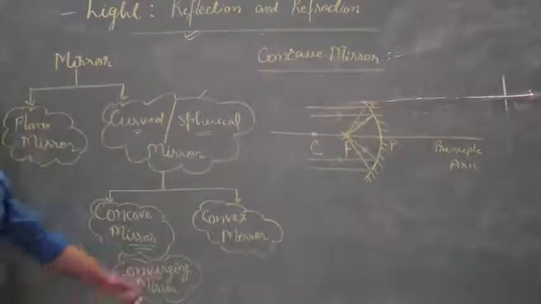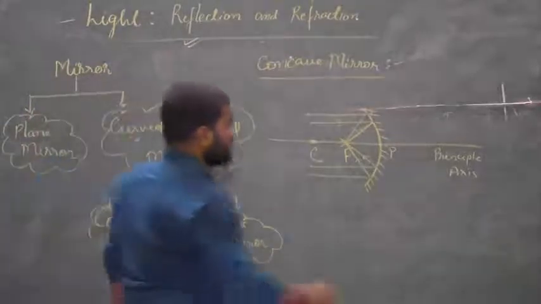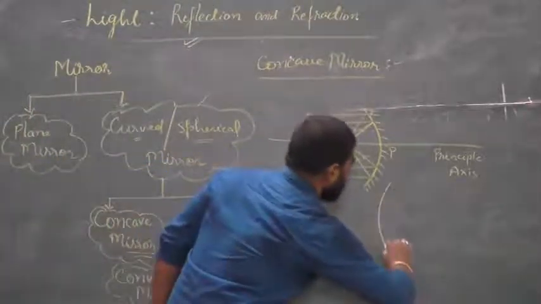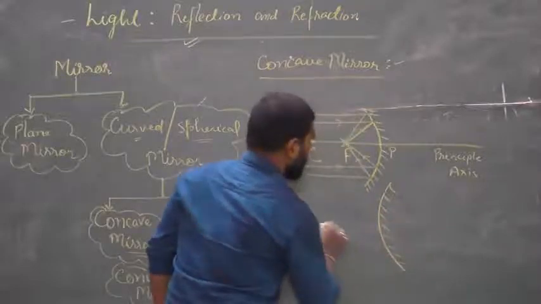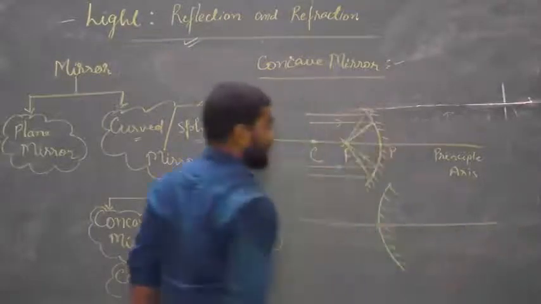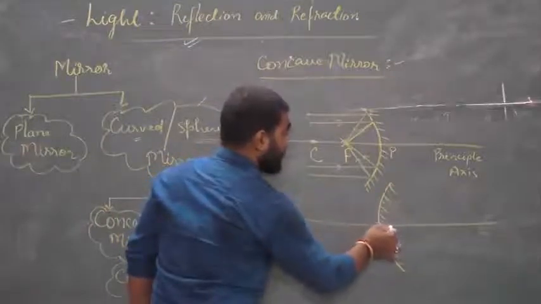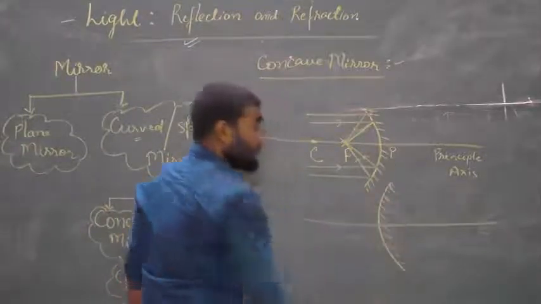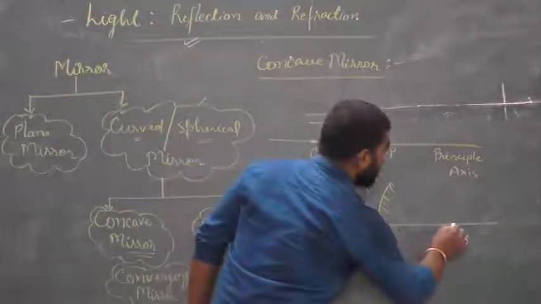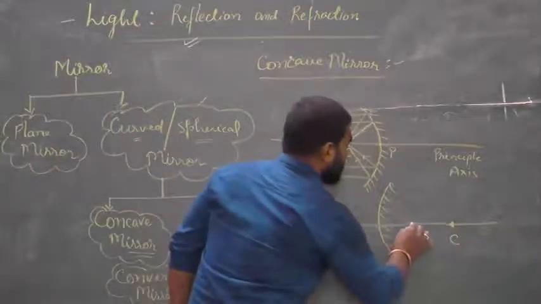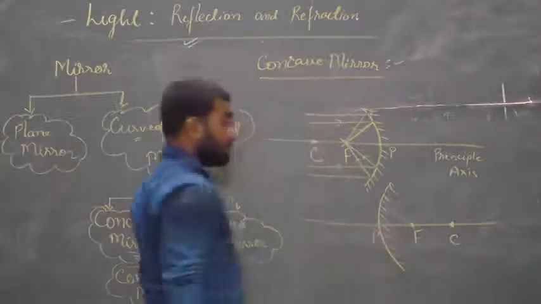Next one is the convex mirror. What do you mean by a convex mirror? The mirror whose reflecting surface is convex is called a convex mirror. So what will be the polished surface? It will be concave. The polished surface will be concave and the reflecting surface will be convex. So here will also be the center of curvature, here the principal focus, and here the pole.